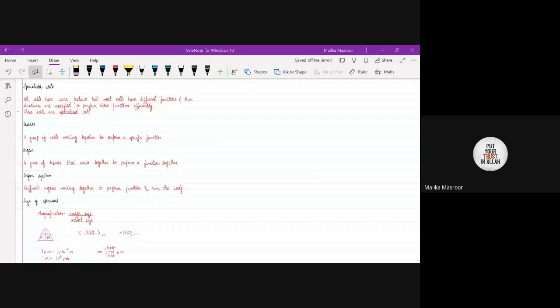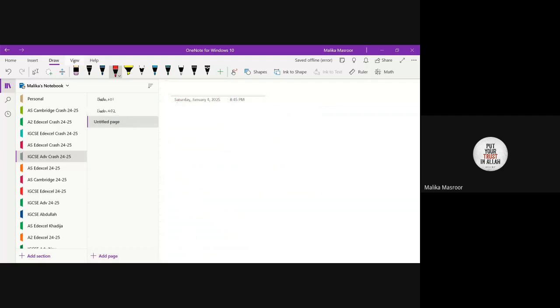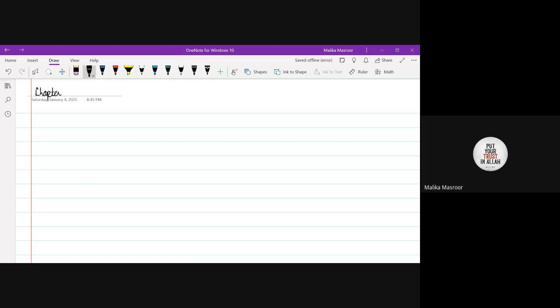So let's start off with the new chapter. Chapter 3, that is movement into and out of cells.